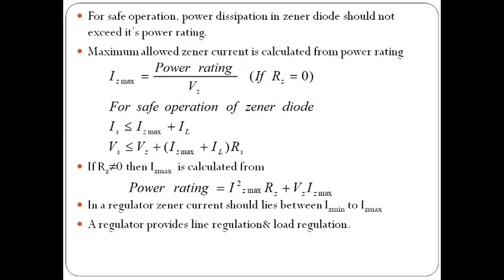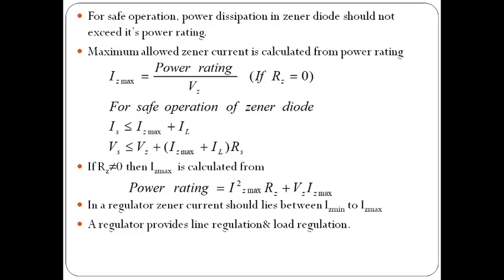So IL is constant as Vz is constant. Hence the current Iz increases to keep IL constant, but only as long as Iz is between Iz minimum and Iz maximum. So now the output is always equal to Vz.